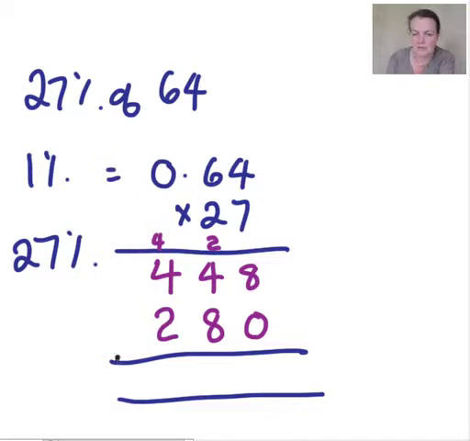I'm going to carry the 1 just for form. 0 times 2 is 0 plus the 1. Now add them up. 8, 12, carry 1, 4, 7, 1. How many numbers are after the decimal point? 1, 2. So bounce it in. 1, 2. So the answer is 17.28.